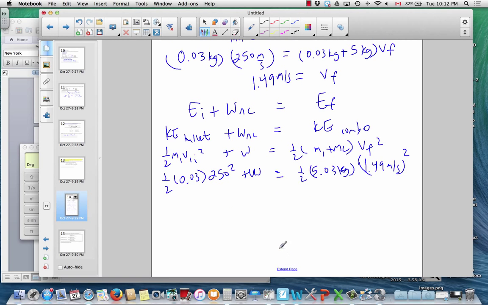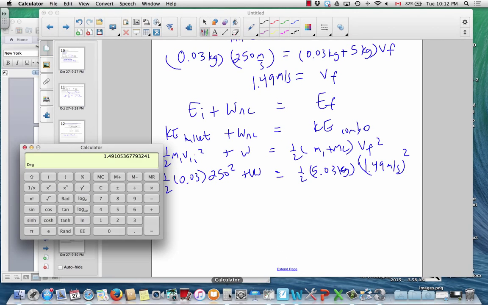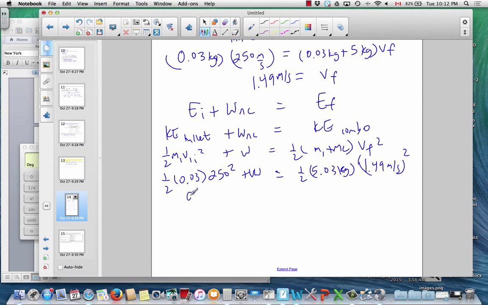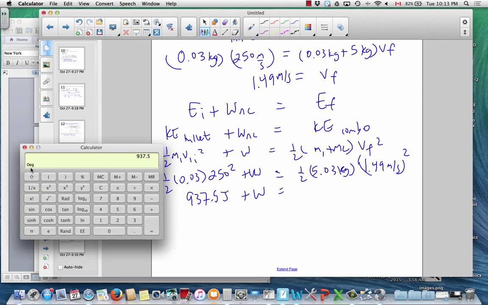Now this answer is quite striking, because if we do a half of 0.03 times 250 squared, we see that there was originally 937 joules of kinetic energy. But then how much is there after the collision? Well, the mass got big, but of course the velocity got very small.